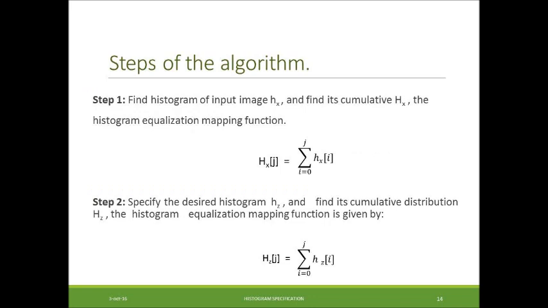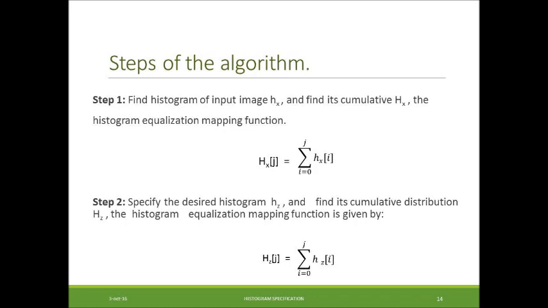Steps of the algorithm. Step 1. Find the histogram of the input image hx and find its cumulative, capital Hx. The histogram equalization mapping function is capital Hx of j equal to the summation from i equal to 0 to j of small hx of i.